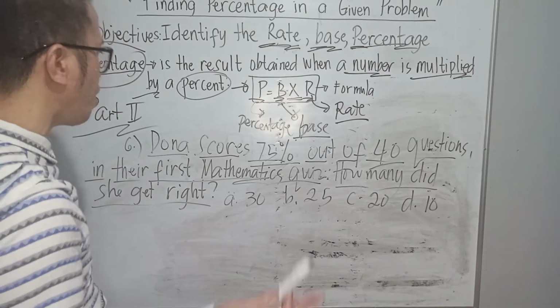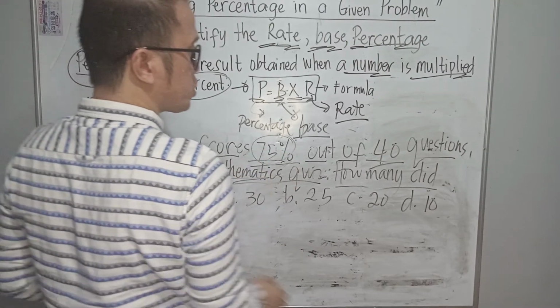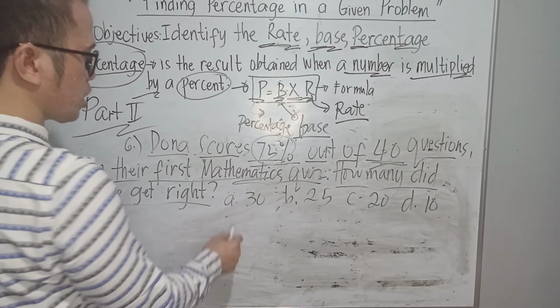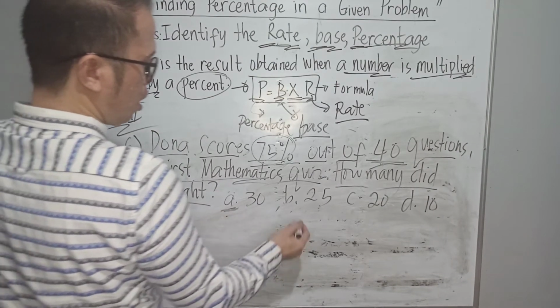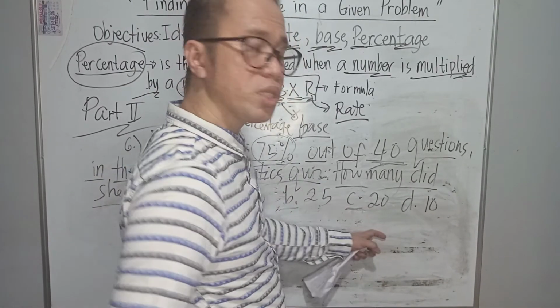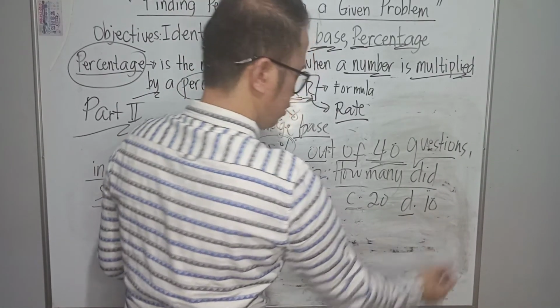It means to say she scored 75% out of 40 questions. Now, our choices: letter A, 30, letter B, 25, letter C, 20, letter D, 10.